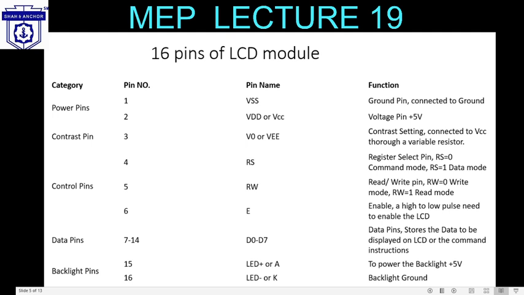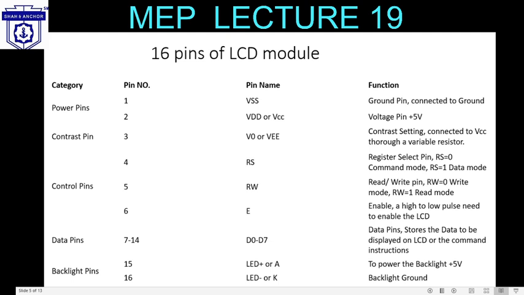The LCD has 16 pins, so we will see the pins and their functions. The first category is power pins, pin number 1 and 2. Pin 1 is VSS, which is connected to ground, so it is the ground pin.